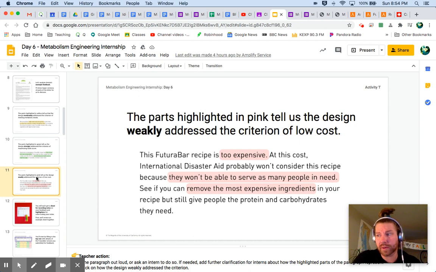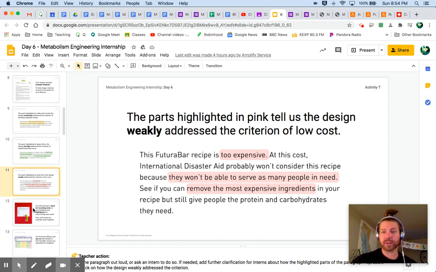So it is very clear that it's just far too expensive, and this is a deal breaker, really. They won't even buy it because it's too expensive. So we really need to work on this. If you find wording like this in your feedback letter, that means it's something you really need to pay attention to and address in your next recipe.